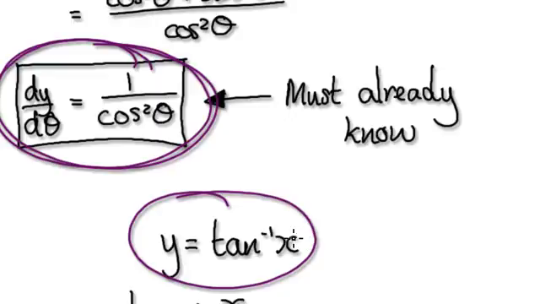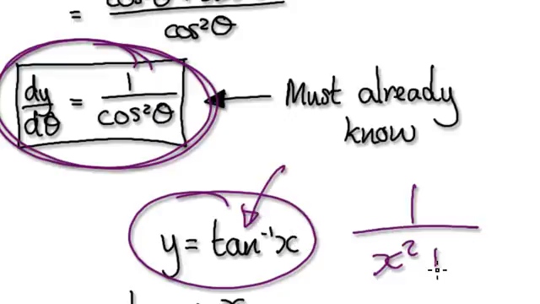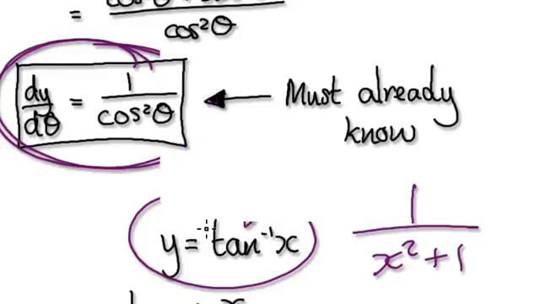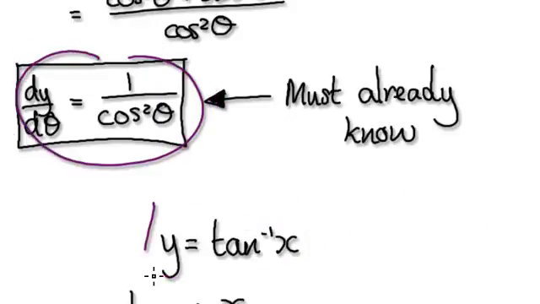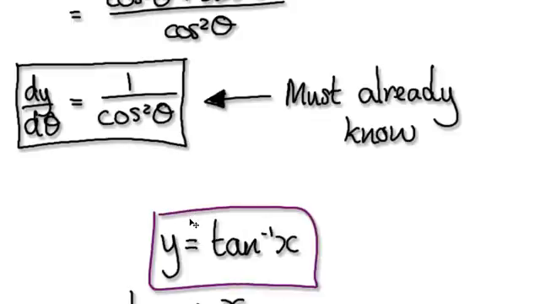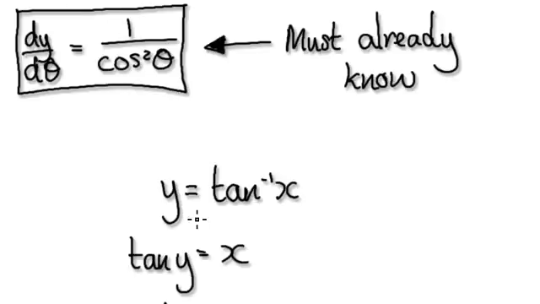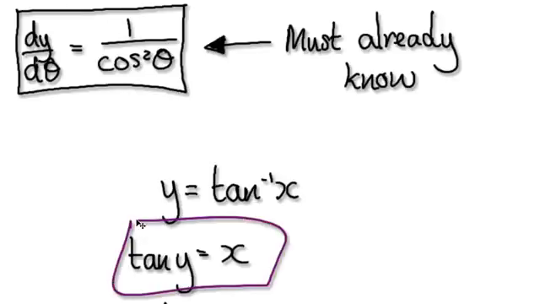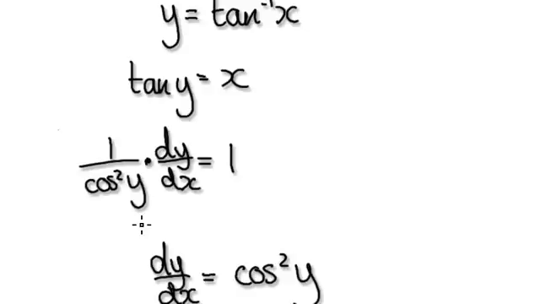So what I'm trying to show you is that when you differentiate this, it will give you 1 over x squared plus 1. Knowing this, let's try and differentiate this. All this you should already know. Here you take tan to both sides. That will take you to this, and then use implicit differentiation.